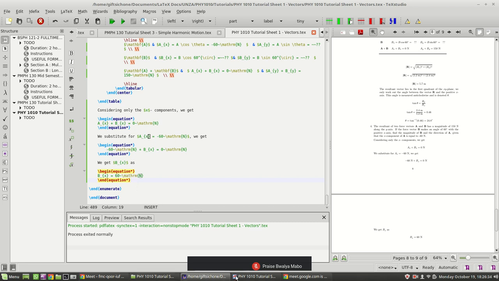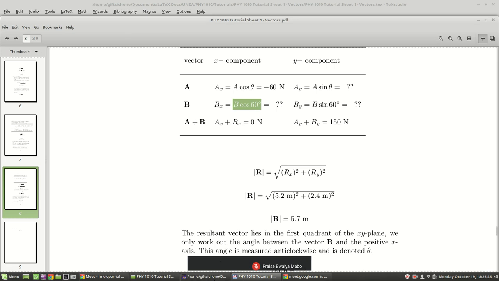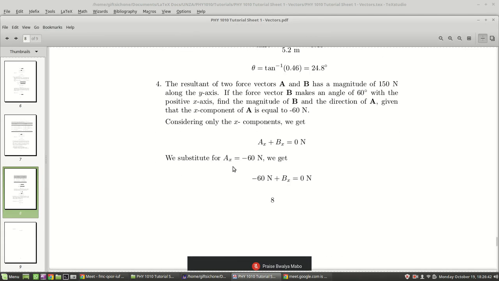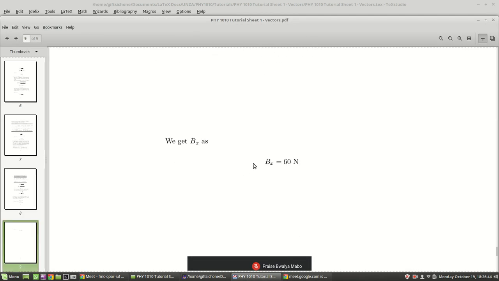Yes. Okay, and we have just found Bx to be 60 newtons, but this 60 newtons is also equal to B cos 60.